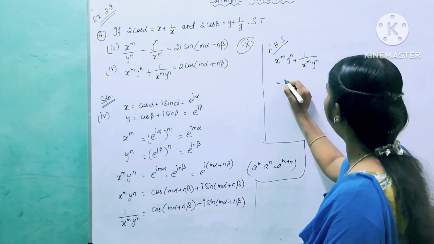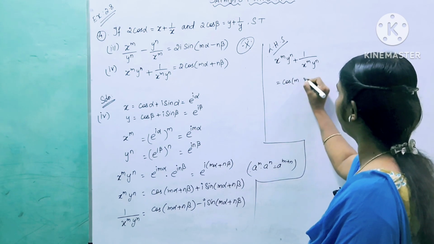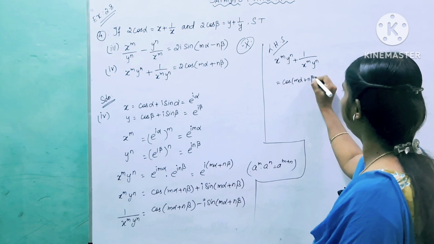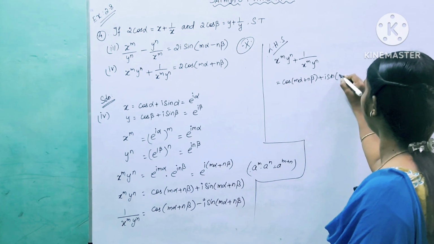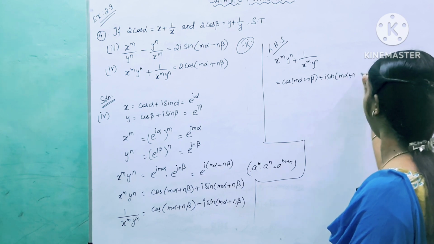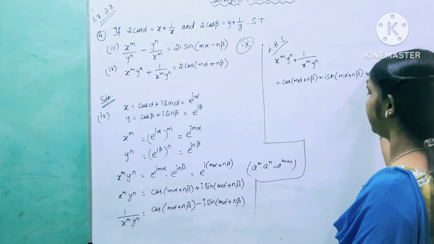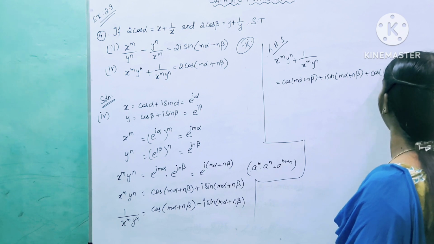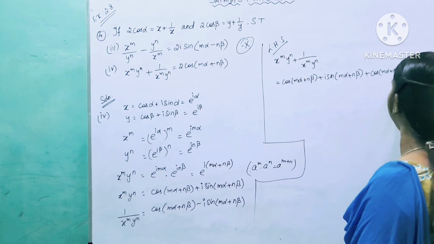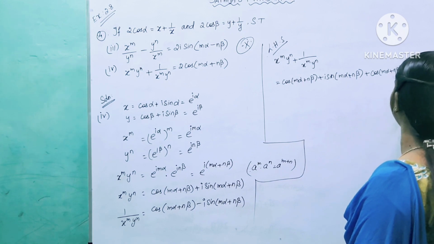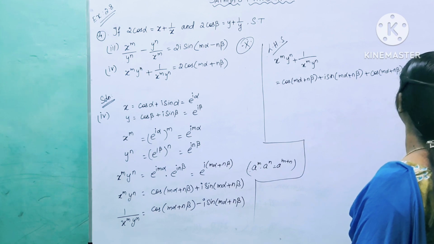This is equal to cos of m alpha plus n beta plus I sin m alpha plus n beta plus cos of m alpha plus n beta minus I sin m alpha plus n beta.